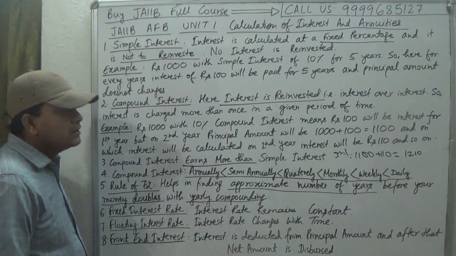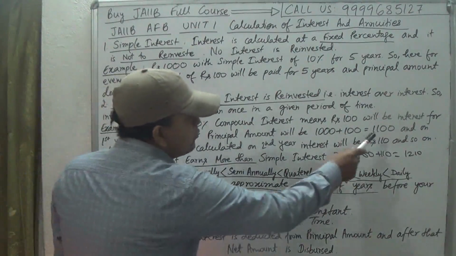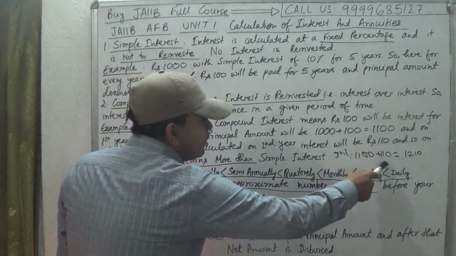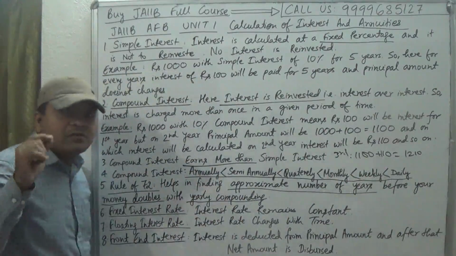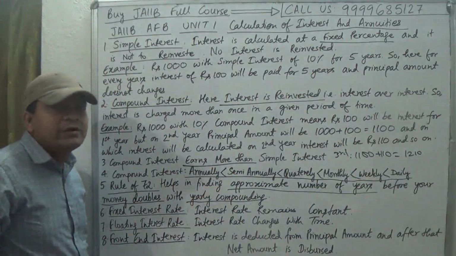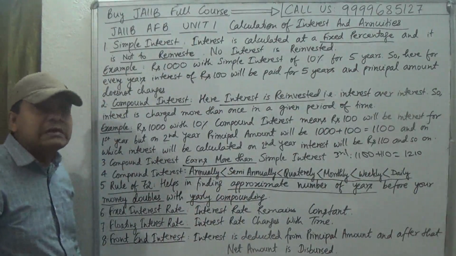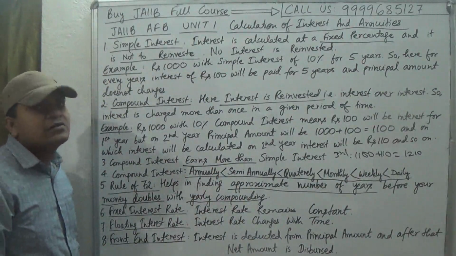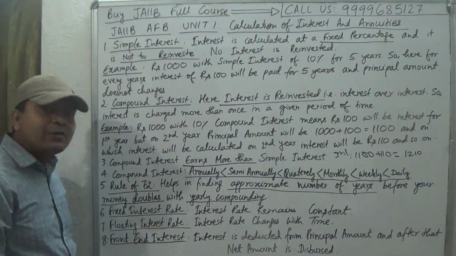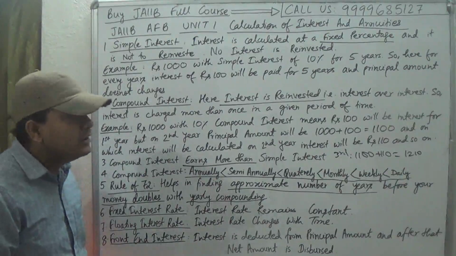For the third year, the principal is 1100 plus 110, a total of 1210 rupees, the new principal amount, on which interest is calculated.